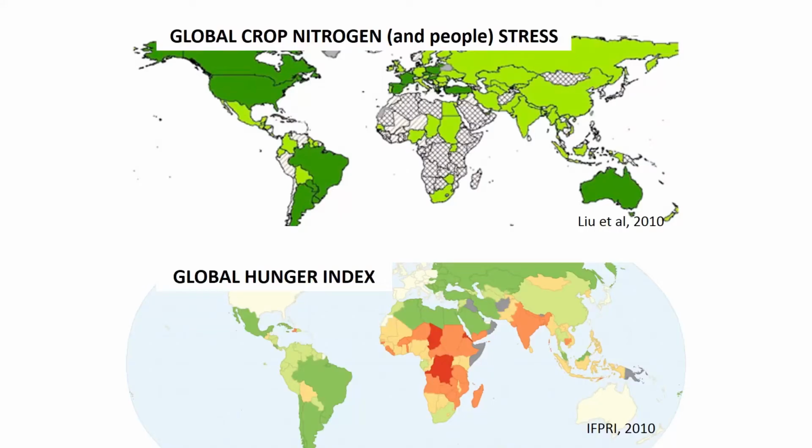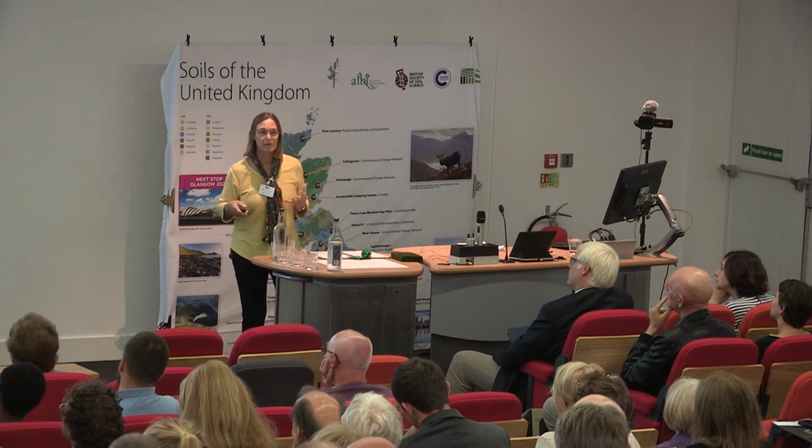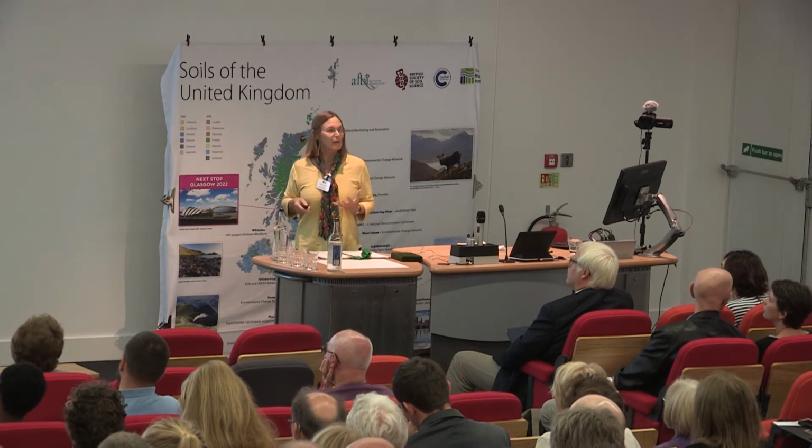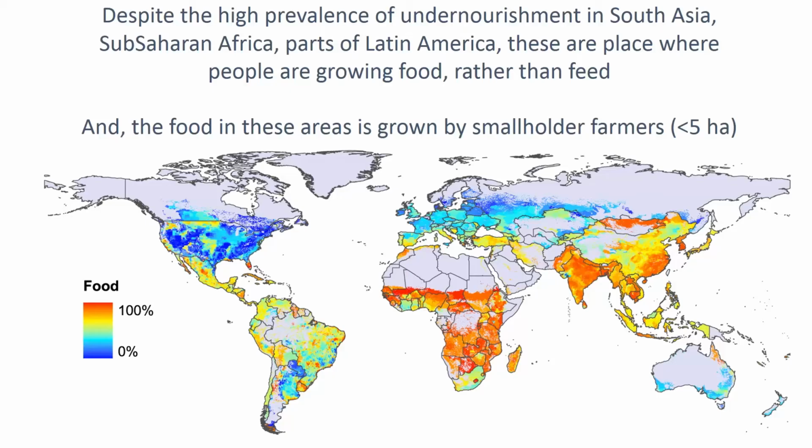Not enough nitrogen. If you superimpose the global hunger index from IFPRI, these are the hungry places, and you can see why. There's not enough nitrogen even going into those soils to produce enough food, particularly proteins. So I find this quite compelling, quite a compelling story.